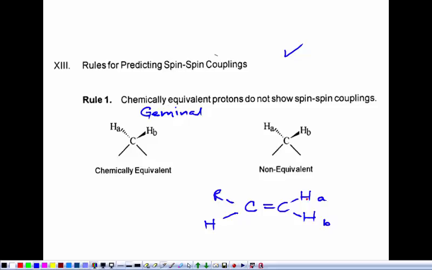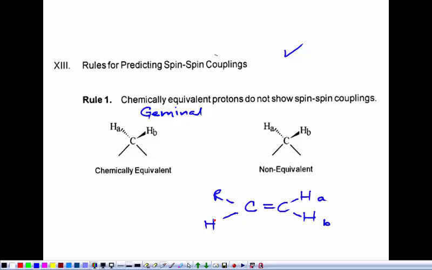If you have 2 hydrogens attached to the same carbon, that's called a geminal. For the most part, these 2 hydrogens are chemically equivalent, but there are some circumstances where they would not be, and therefore they would split each other. Most of the time, splitting comes from neighbors, but there are a couple of occasions.